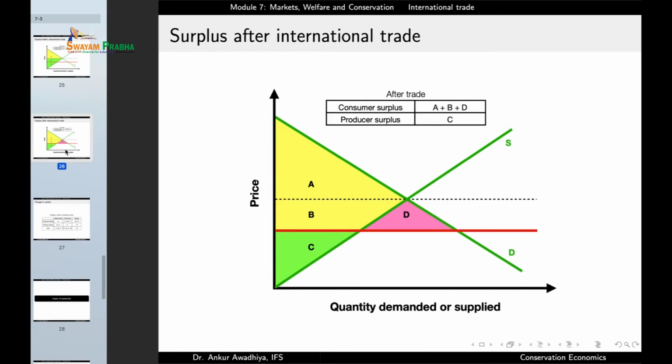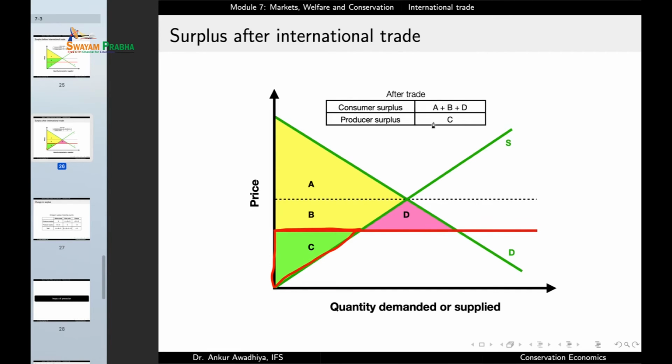The producer surplus is given by the area between the supply curve and the price curve. So this triangle is telling us the producer surplus after the international trade, because now the price point is this red line. So the producer surplus, in place of B plus C, has now reduced to only C.